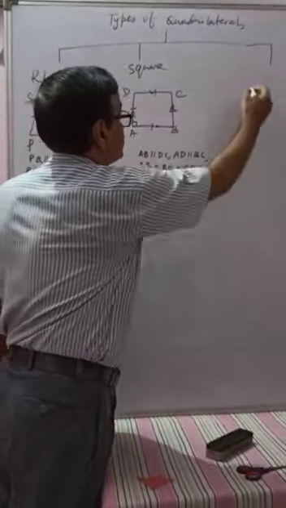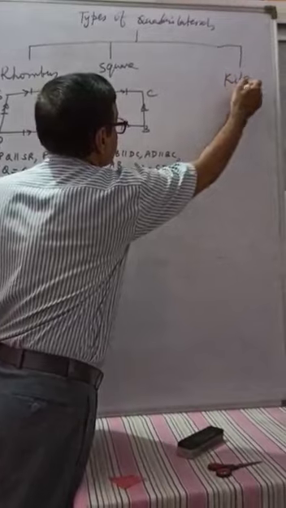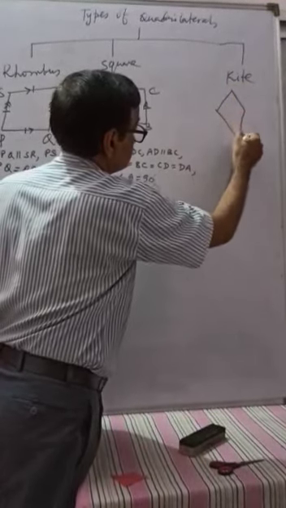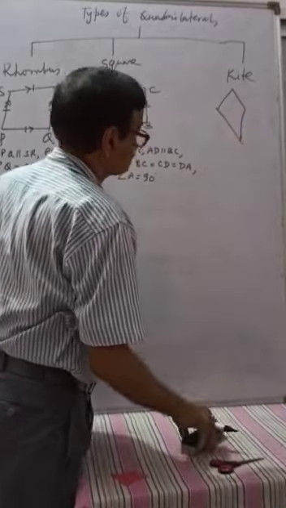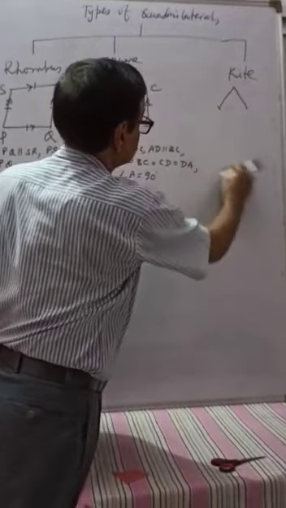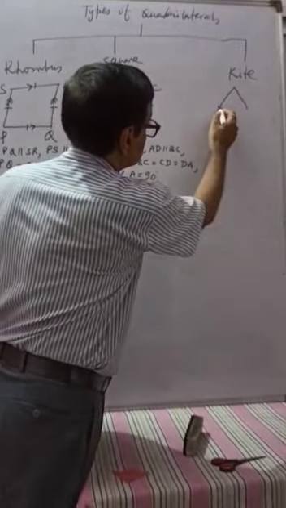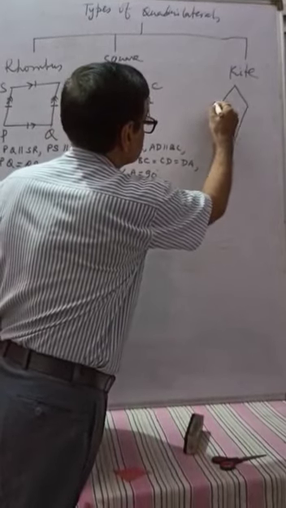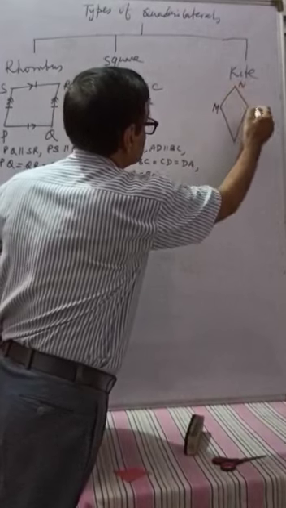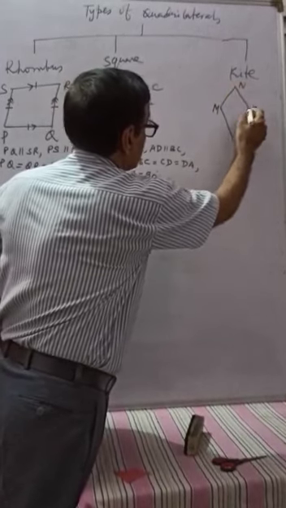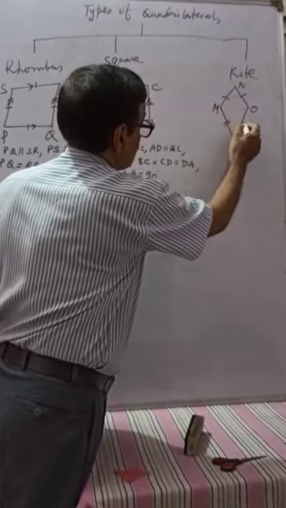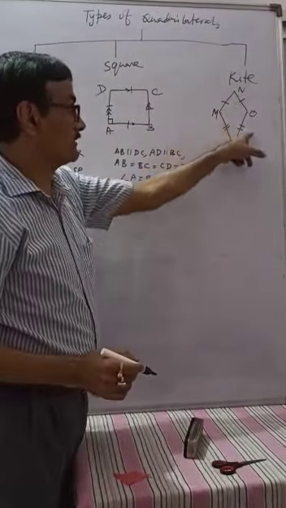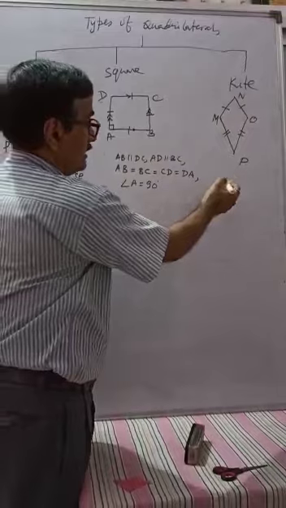And the last one is kite. So what is that? Kite is also a quadrilateral in which two pairs of adjacent sides are equal.